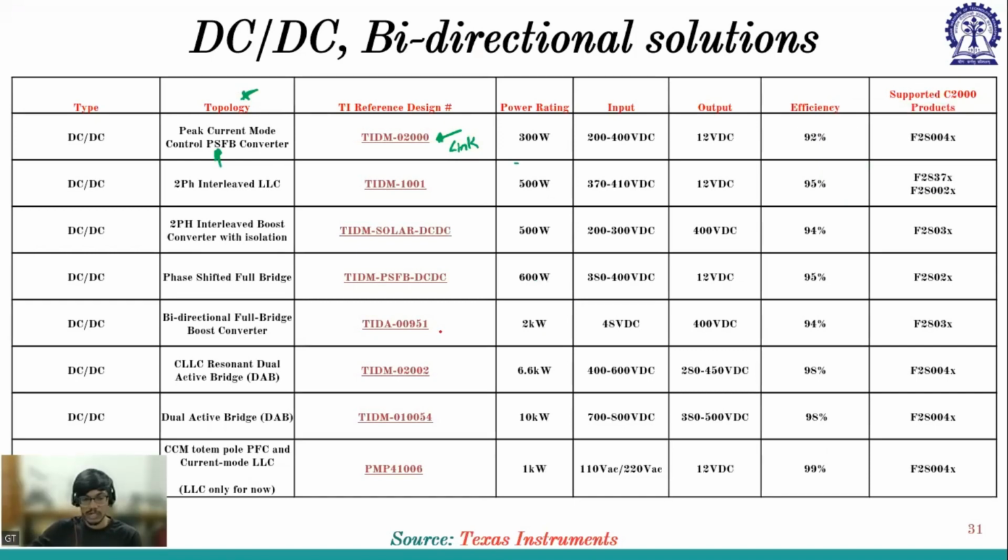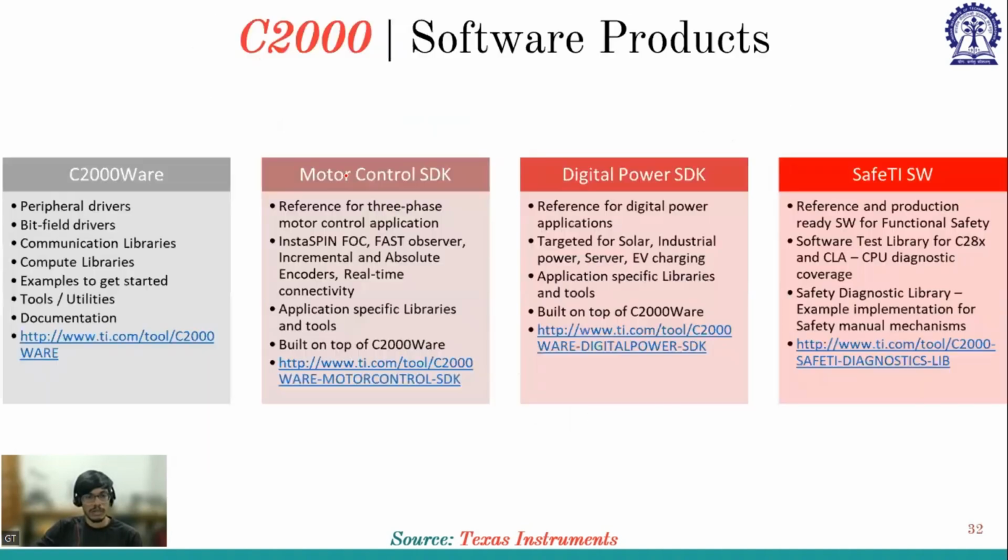You can check any reference design, maybe DC-DC converter, and see whether a boost converter or a buck converter reference design is available. And these are some software products that Texas Instruments is offering.